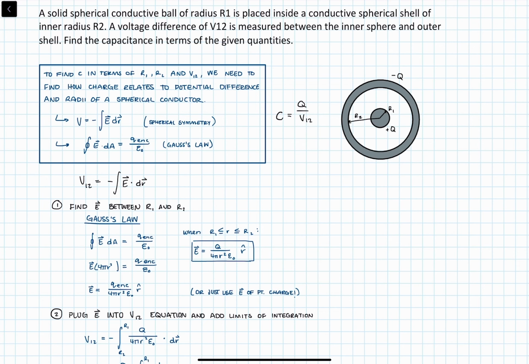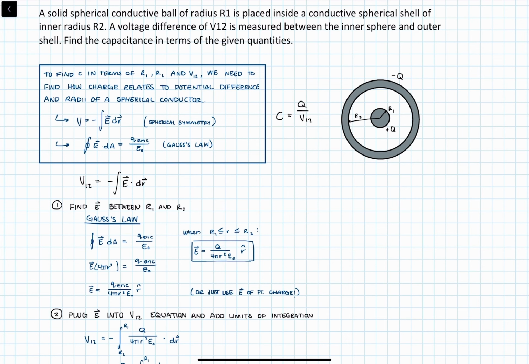Since the equation we're supposed to be using is C equals Q over V, and in this case V is that constant V12, we have to essentially find Q, find how charge relates to that potential difference and the radii, which are the terms we were given.